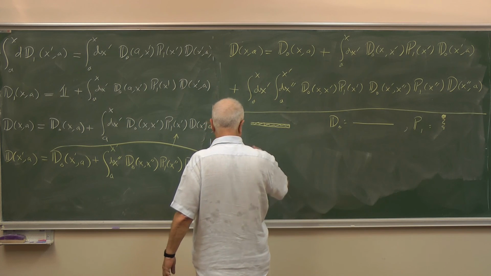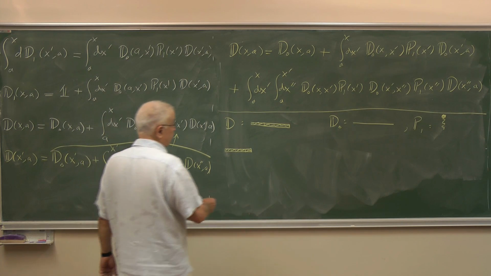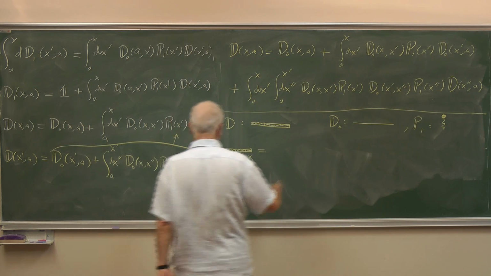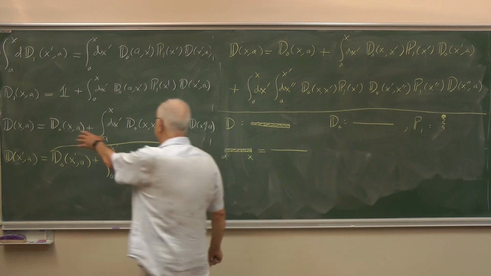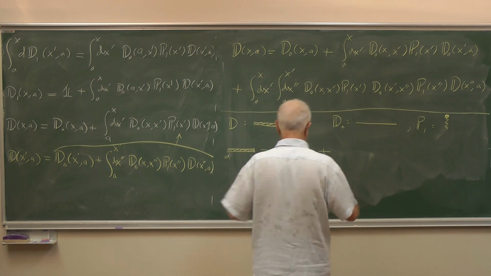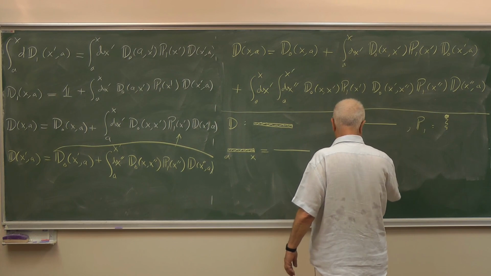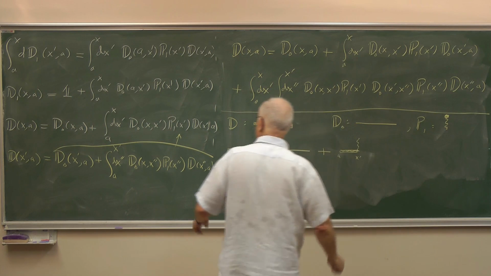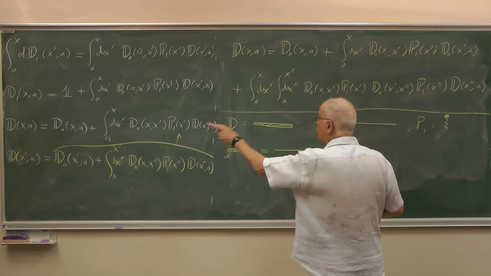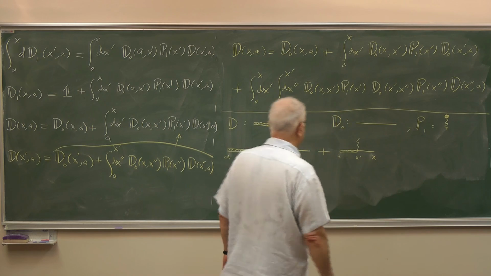It is a complicated line that takes us from a to x, which equals the same thing, simple-minded, plus a to x prime is complicated, at x prime there is this p1 thing, and then from x prime to x, it is a nice straight line.